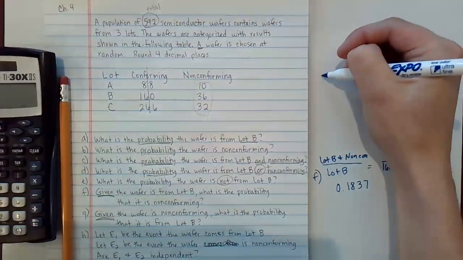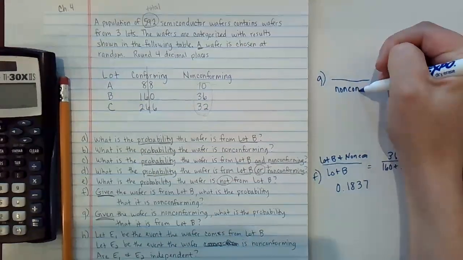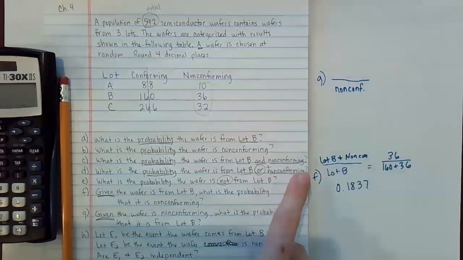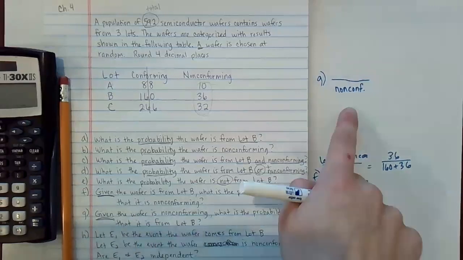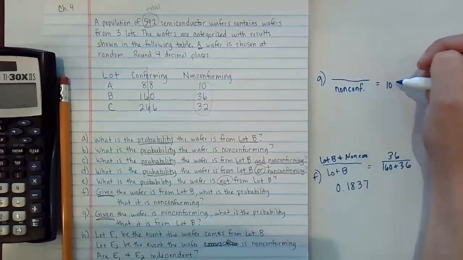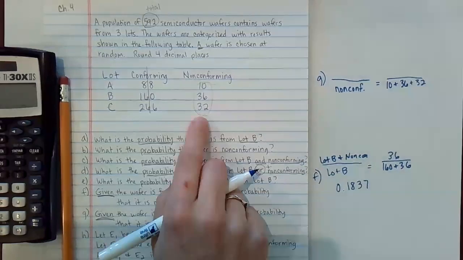So G, now we want non-conforming in our denominator. Okay, notice for F, the denominator belonged to lot B. This time we want non-conforming. That given part needs to be in our denominator. So that means I need to add up 10 plus 36 plus 32. That's our new sample space.